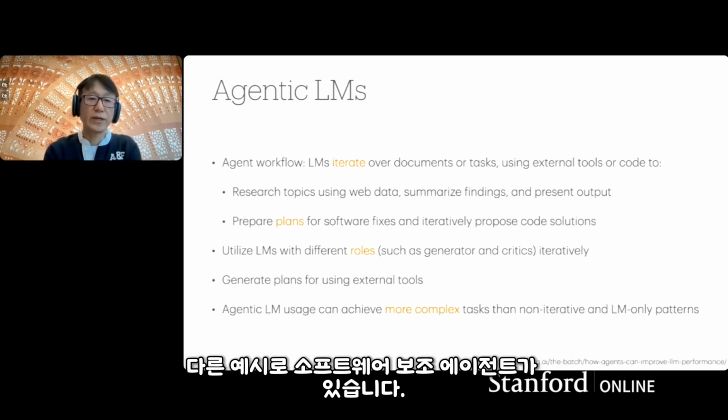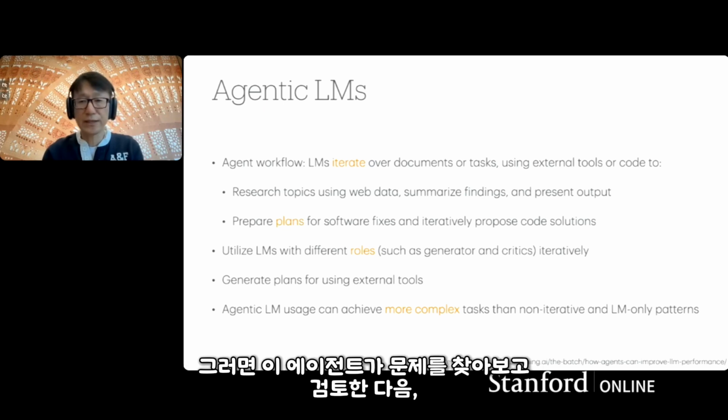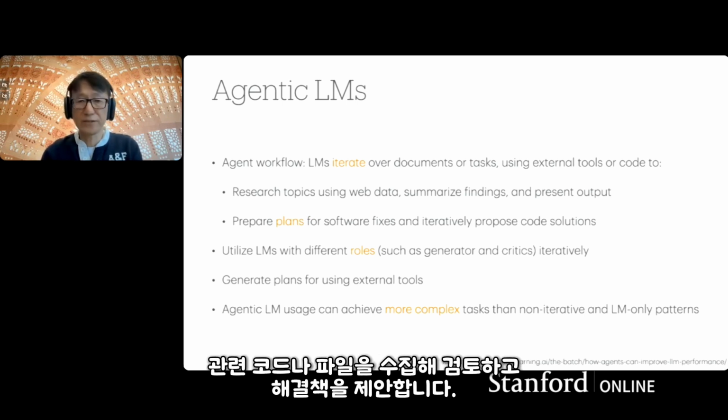Another example could be a software assistant agent, or SUI agent, that you could ask about a certain type of software bug or issue. Then this agent will look it up and review the issue, collect the relevant pieces of code or files, and review them.